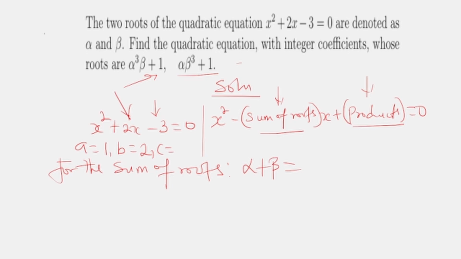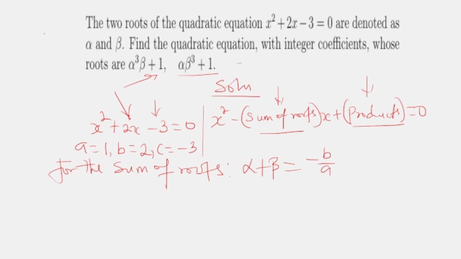Whenever they ask for a constant, the constant is just a number that does not have a variable attached to it. The variable can be x or y. This -3 does not have an x term attached to it, so our c is equal to -3. Now let's find our sum of roots. The formula for finding the sum of roots is given as -b all over a, right?